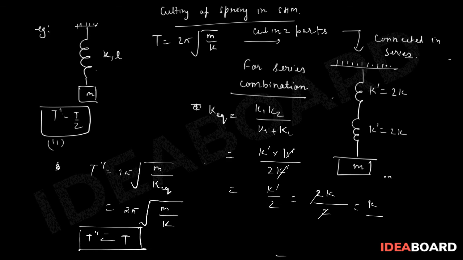Of course the answer has to be the same, because this point is massless, so you can replace this combination with a straight spring, and for this spring the answer is obviously known, T is equal to 2 pi under root of m by K. Okay, so yes, these types of questions can be asked in NEET pretty easily, so I believe you will be able to do such questions.